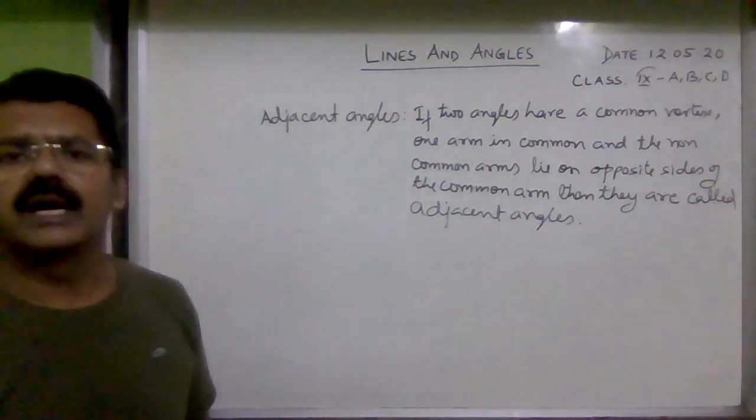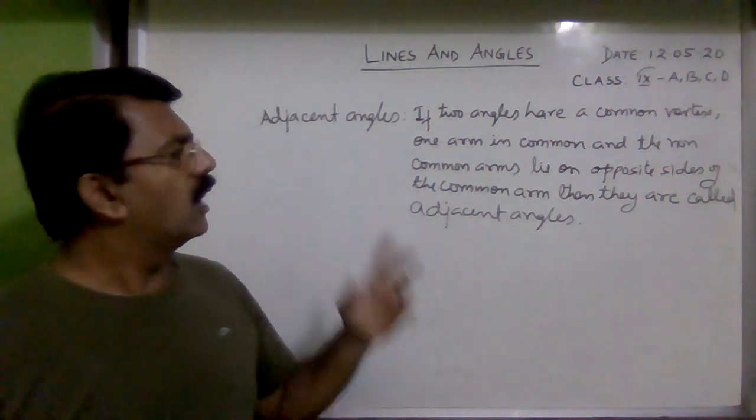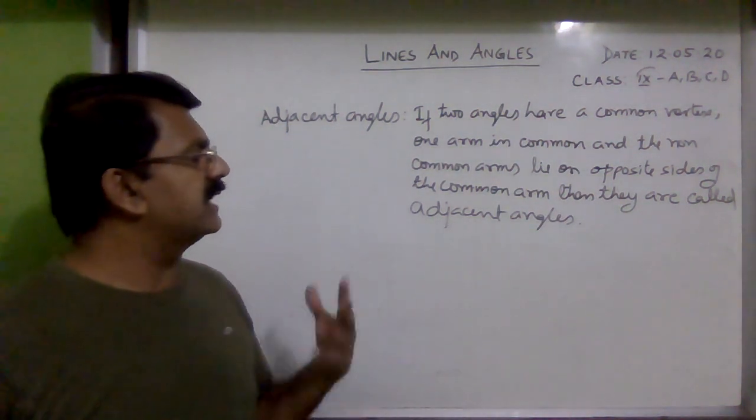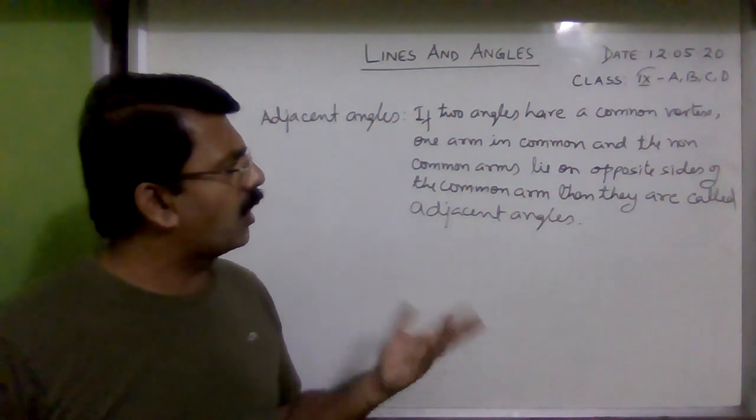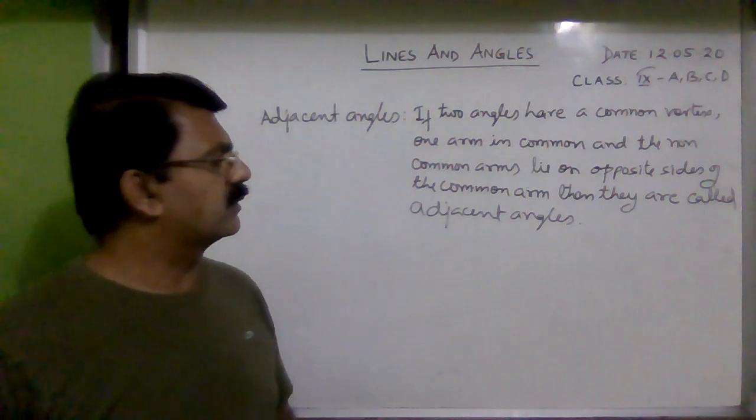If two angles have a common vertex, one arm in common, and the non-common arms lie on opposite sides of the common arm, then they are called adjacent angles.